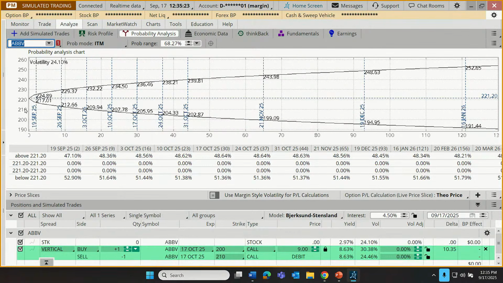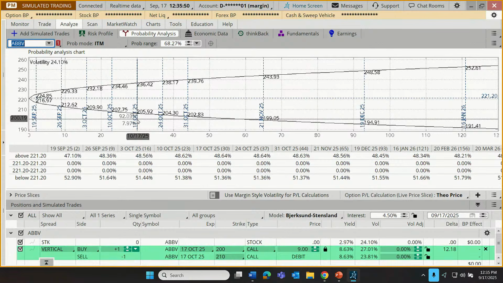Let's see, we had the 210 and the 200. So I could just position my cursor right there on the 17th of October at, let's say, 200, and it gives us the probabilities that we will be above or below that price level on that date. So you'll notice as I take my hands off my cursor, about an 8% chance we're below 200, about a 92% chance we're above 200 at expiration.